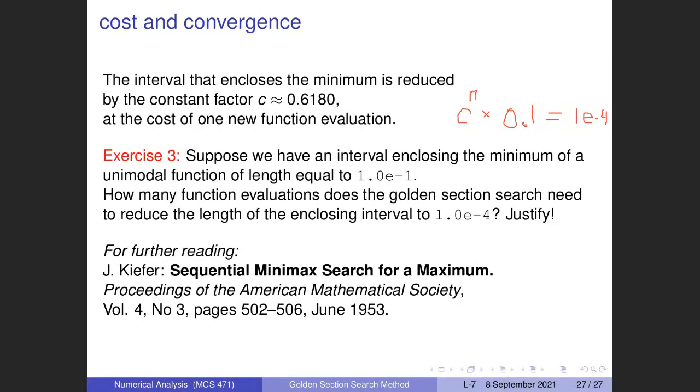All right. So this was a nice conclusion of the first chapter on root finding. The golden section search method is a very robust method, a very simple method, similar to the bisection method.